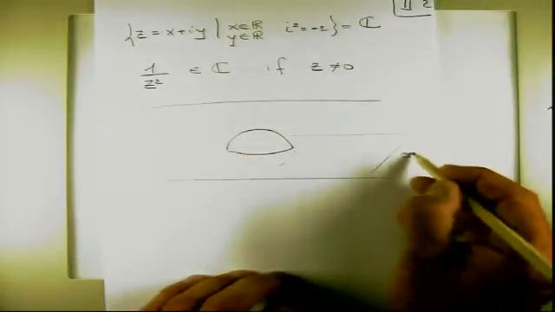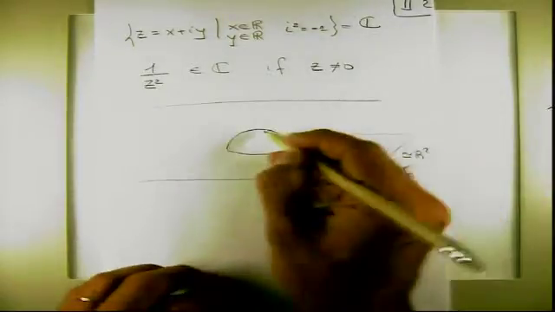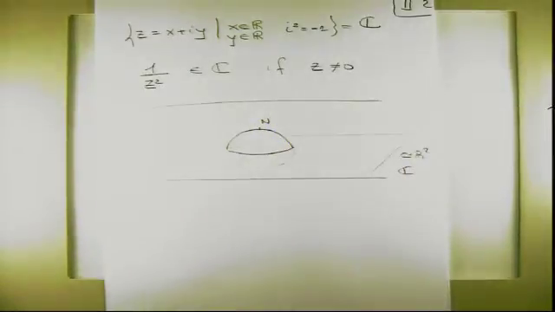This plane is like R2, that is C. And then I consider what is commonly called the north pole of this sphere. The plane cuts the sphere on the equator, and then I consider the north pole.